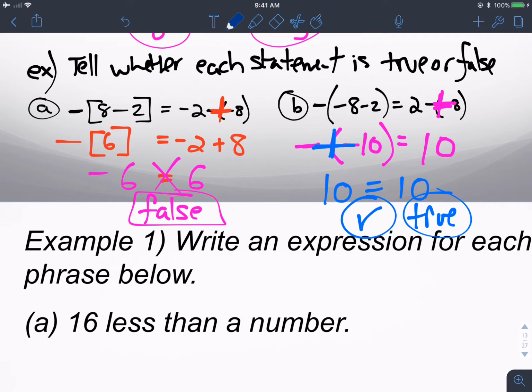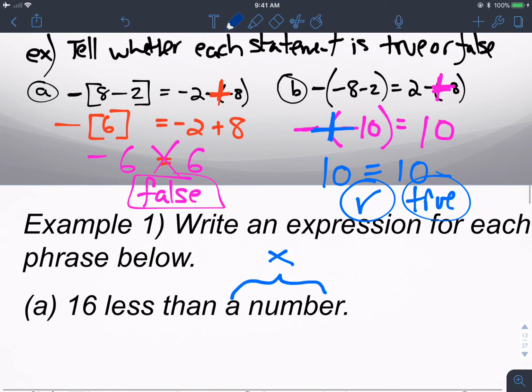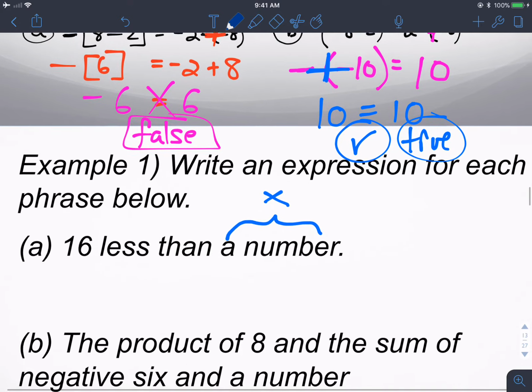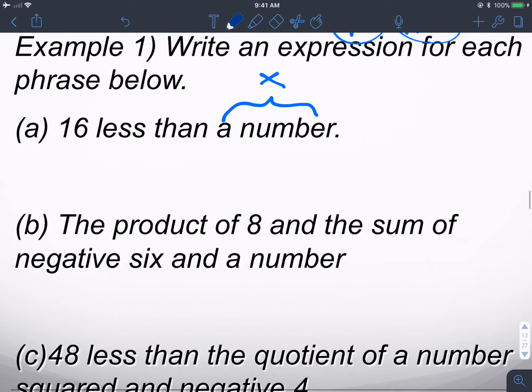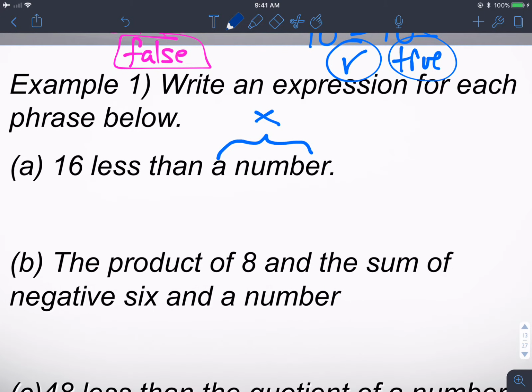$16 less than a number. So introduce an x. This is our variable stuff. $16 less than a number.